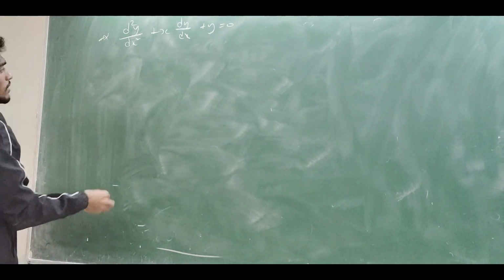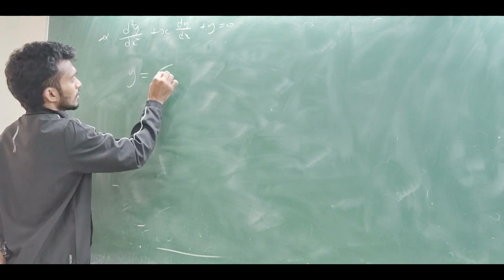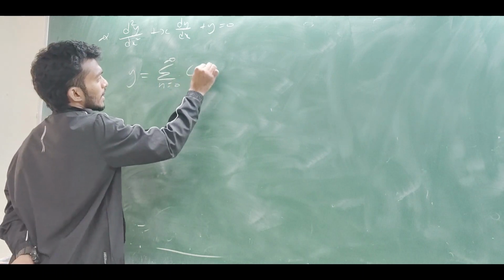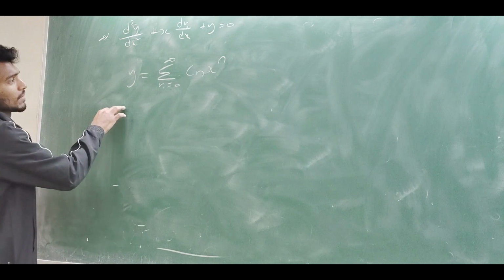The first step is y equal to summation n equal to 0 to infinity c n x power n, right?